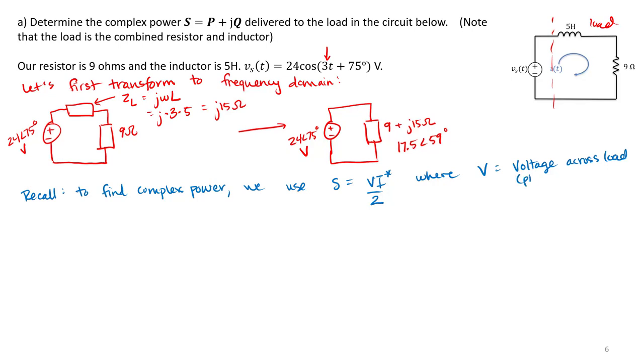In this case, this is a phasor. And remember, I star is the complex conjugate of the current phasor, where that's the current across the load.